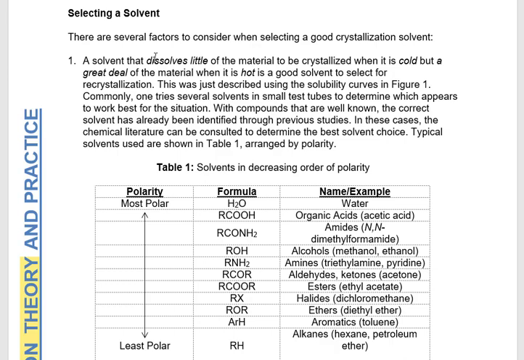You want it to be highly soluble at high temperatures, and soluble enough that you can have a saturated solution. At room temperature, very little of the material will dissolve, but under hot conditions, it will be highly soluble, and you can get a saturated solution out of the mix.